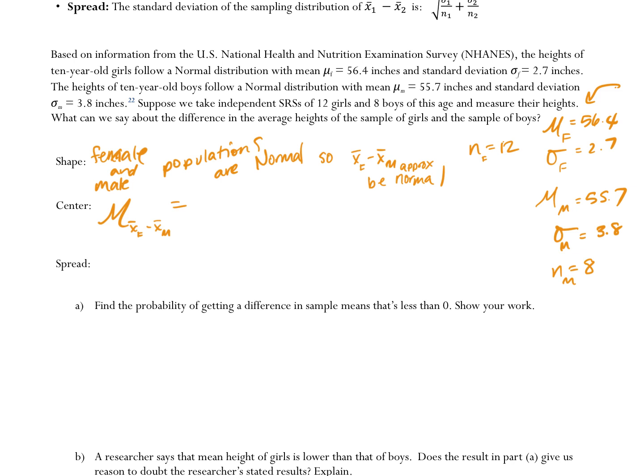What is the mean of their differences going to be? How'd you get 0.9? 56.4 minus 55.7?